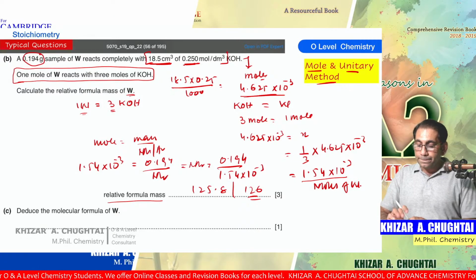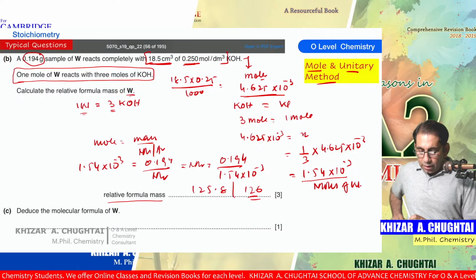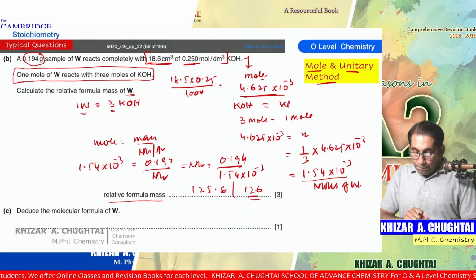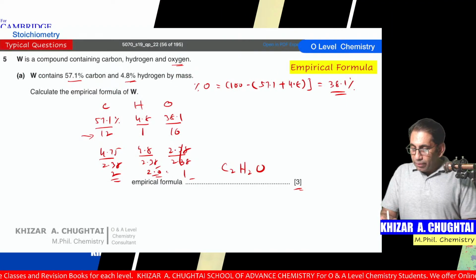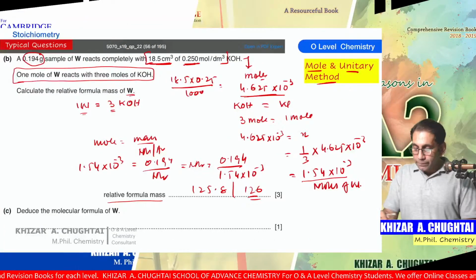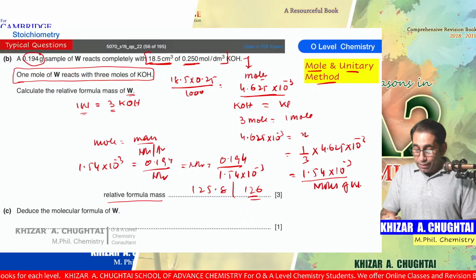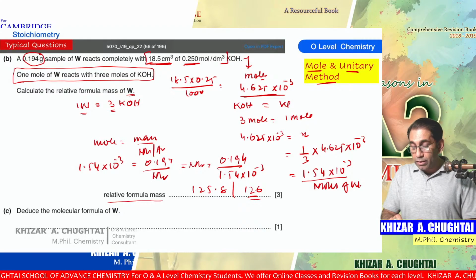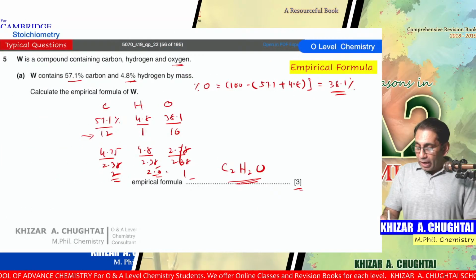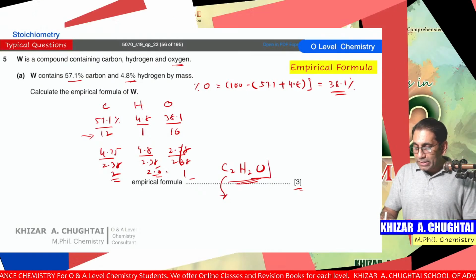So he is asking us to deduce the molecular formula of W. You know its empirical formula is this one, and its relative mass, MR, is over here. So you can find the relative molecular formula. First of all, I'm going to calculate the mass from this formula.